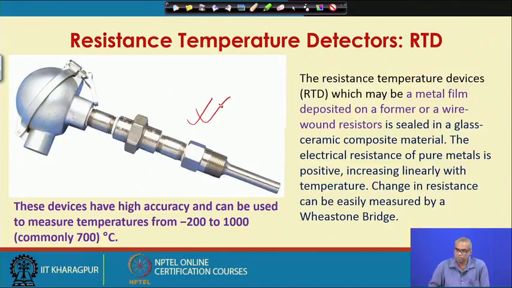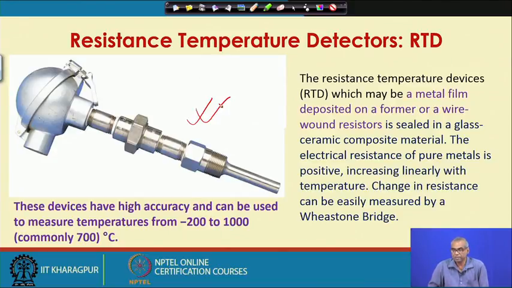So, the resistance temperature device may be a metal film deposited on a former or a wire wound resistor. It is basically an electrical resistance wire. It may be a resistance wire or it may be a thin metallic film.